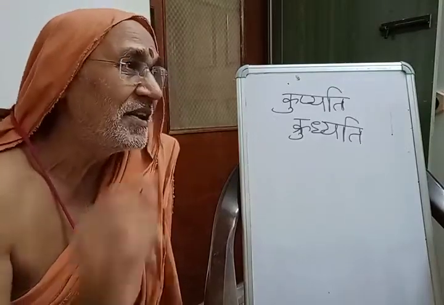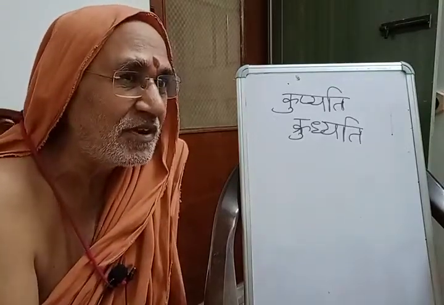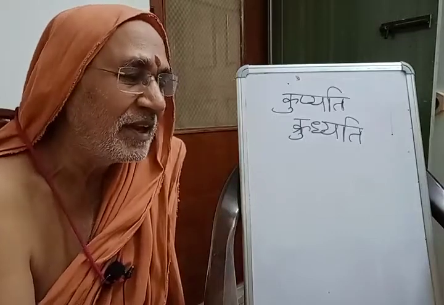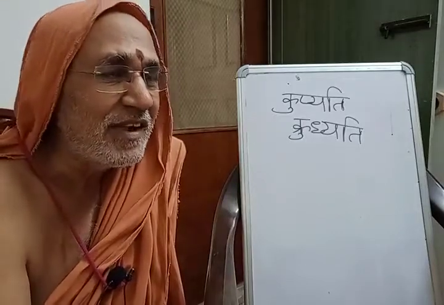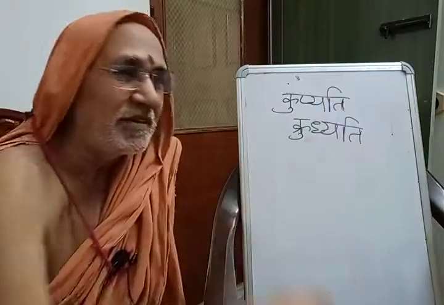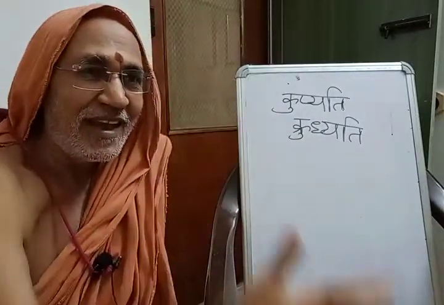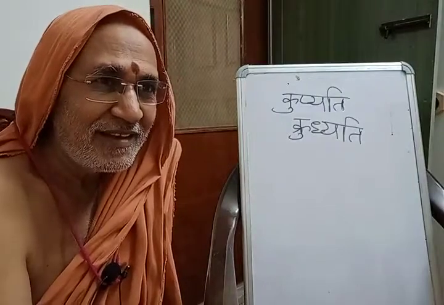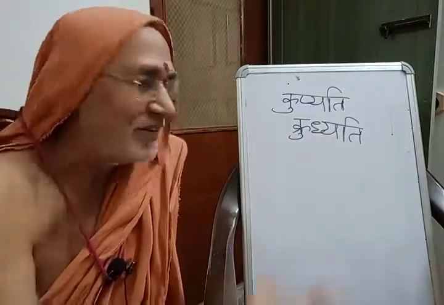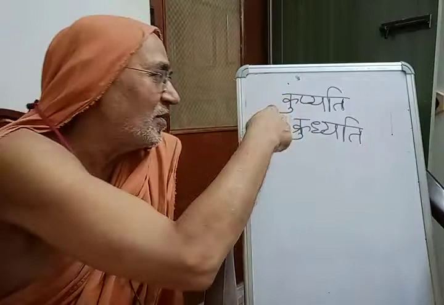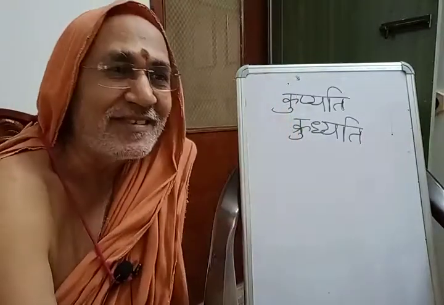So in North India, kopa is not much used. Only highly educated people in literary Hindi use it. But in normal Hindi they say क्रोध. बहुत क्रोध करते हैं, क्रोधित हुआ है, महाक्रोधी है. So krudhyati is used there. Kupyati we use. But both are there in Sanskrit.